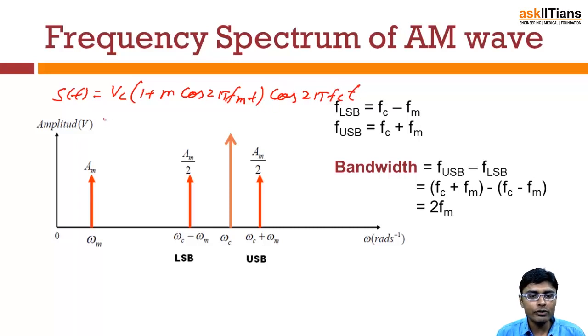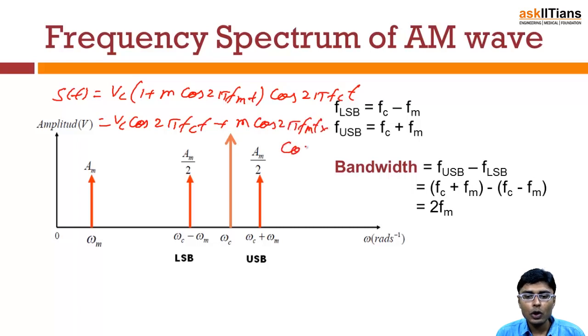When you multiply this out, we get Vc cos 2 pi fc t plus m cos 2 pi fm t multiplied by cos 2 pi fc t.